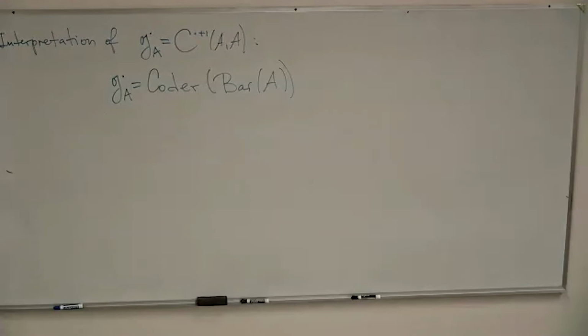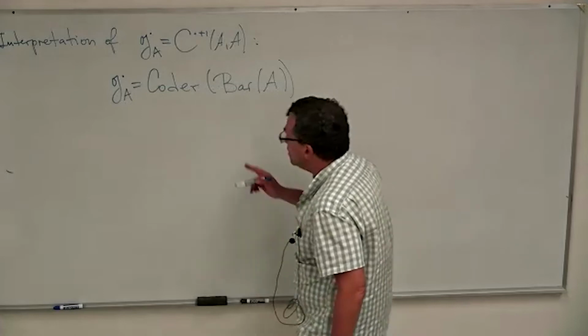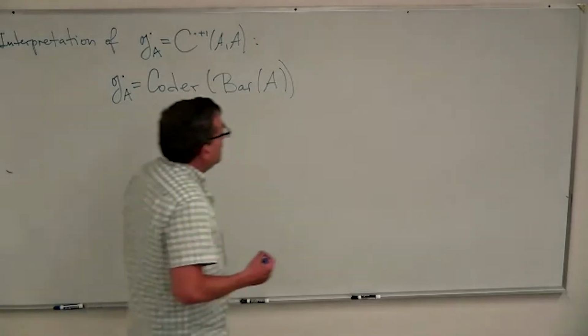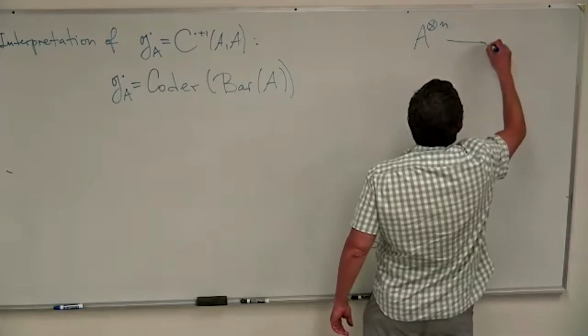A good interpretation of the DG Lie algebra of Hochschild cochains is that it's coderivations of the bar construction, because it's kind of same energy, as they say now.